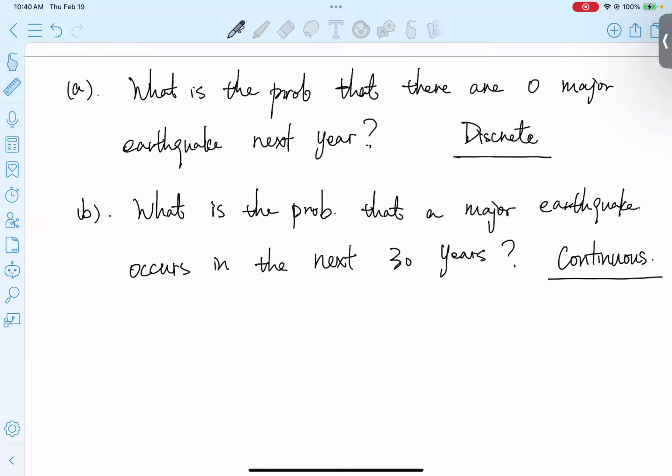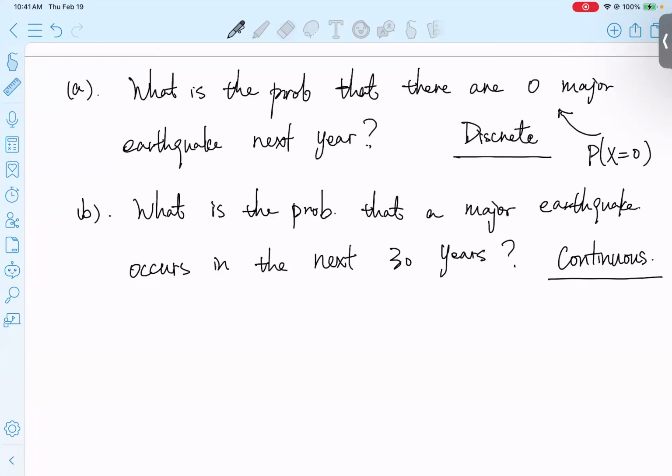The reason is that in part A, we are asking for the probability that zero earthquakes happened. If we write it in mathematical language, we want the count of earthquakes to be exactly equal to zero.